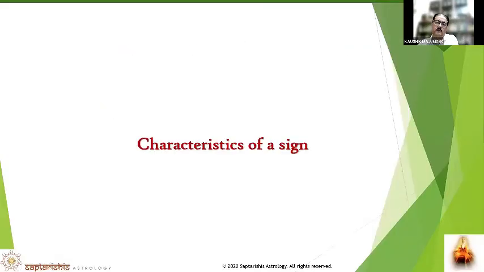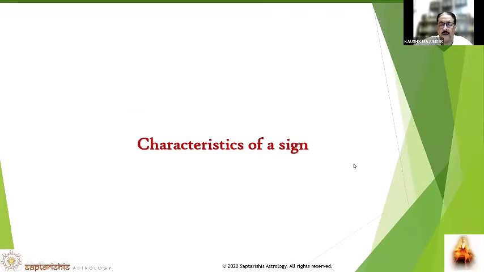Now, the most important thing is the characteristics of a sign. Each 30 degrees has some specific qualities which they display. And that is why the zodiac has been divided into 30 degrees to a sign.